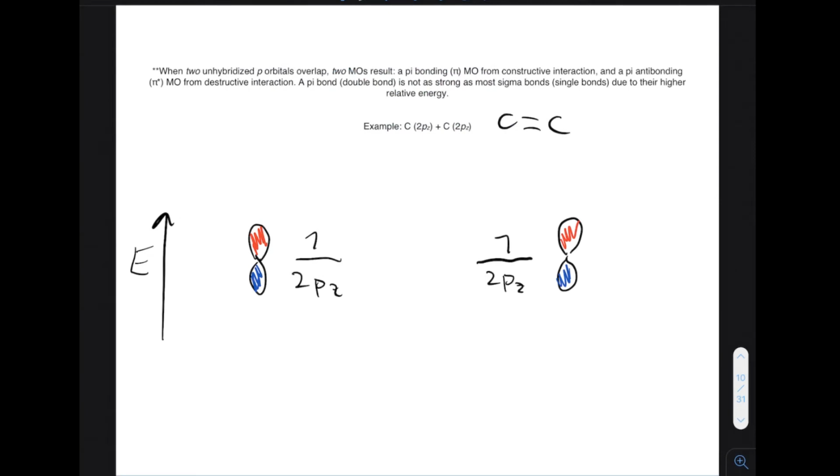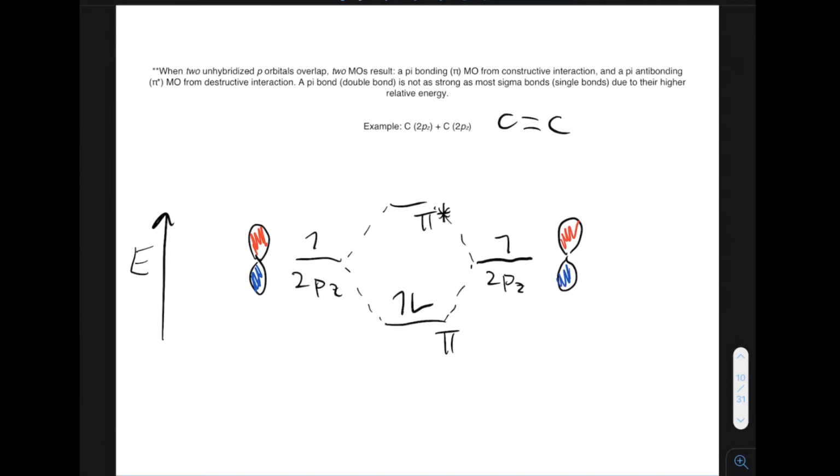So when these orbitals overlap and come together, you form two MOs: you form the pi bond, and you form the pi anti-bond. And of course, the electrons come down to the lower lying molecular orbital, and the pi anti-bonding orbital remains vacant.